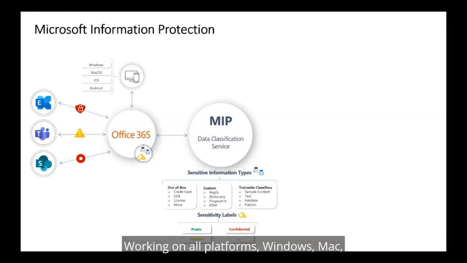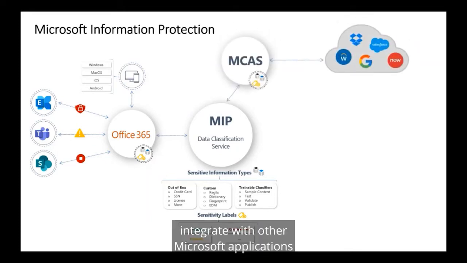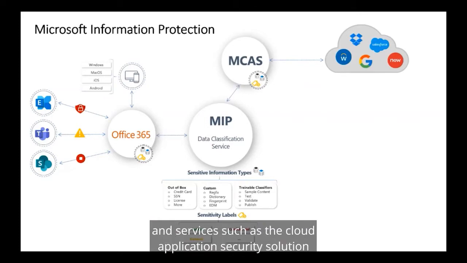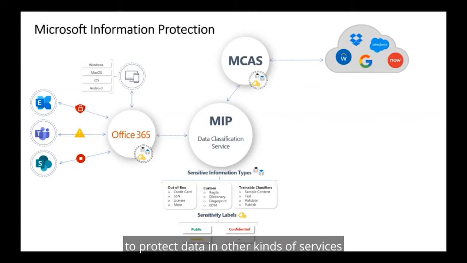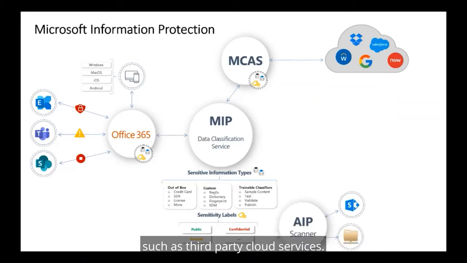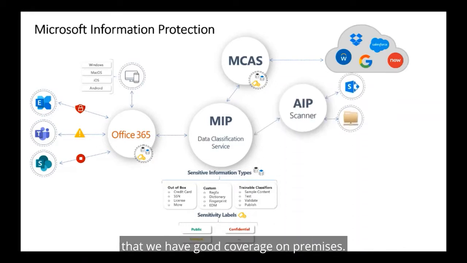Working on all platforms, Windows, Mac, iOS, Android, etc. Integrate with other Microsoft applications and services, such as the Cloud Application Security solution to protect data in other kinds of services, such as third-party cloud services. The AIP scanner to ensure that we have good coverage on premises.